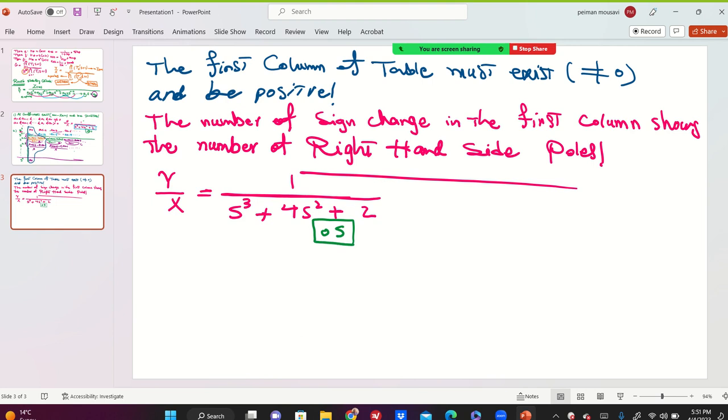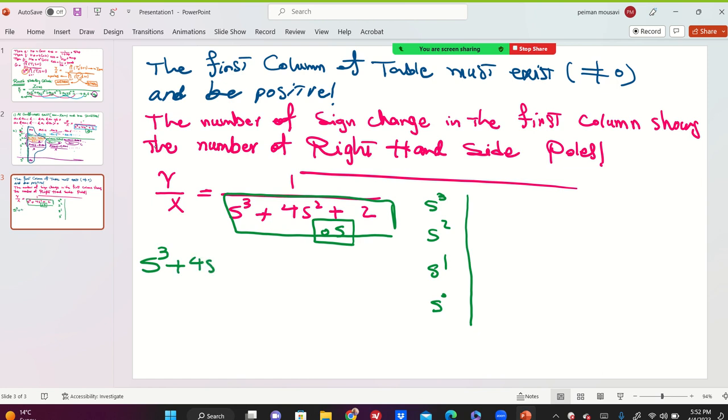So your system is unstable. MATLAB showed that to you. But let's go to our table. S cubed, s squared, s1, s0. So the closed loop characteristic polynomial is s cubed plus 4s squared plus 0s plus 2.